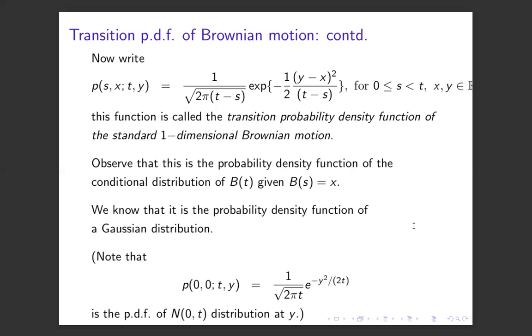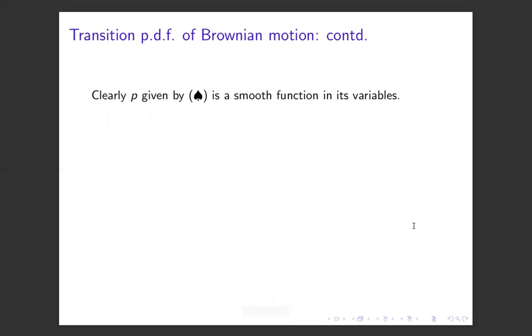In statistics, on many occasions, you will assume that the population is normal. And what is the justification for that assumption? The central limit theorem. So P is a smooth function in its way.